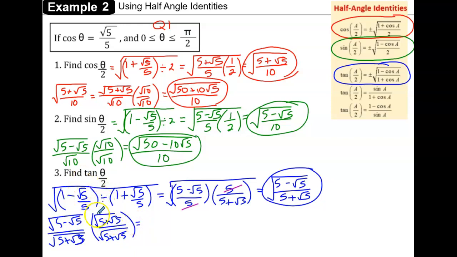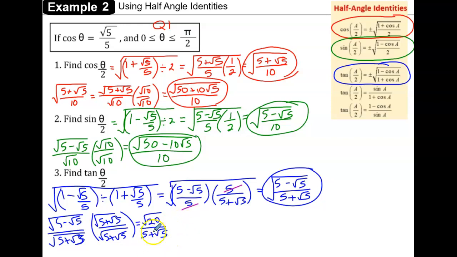And so in the numerator, we're going to multiply what's under the radicals together, and that's a difference of squares. So 25 minus 5 is 20, so we have a square root of 20 in the numerator. And in the denominator, the square roots cancel, and we have 5 plus the square root of 5.